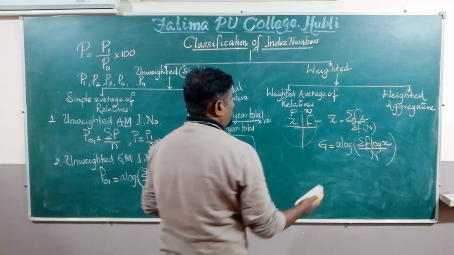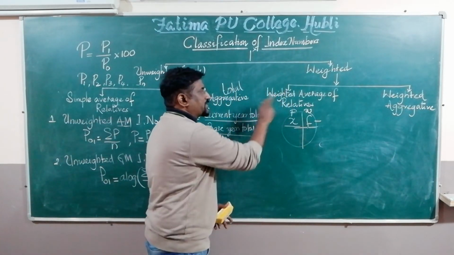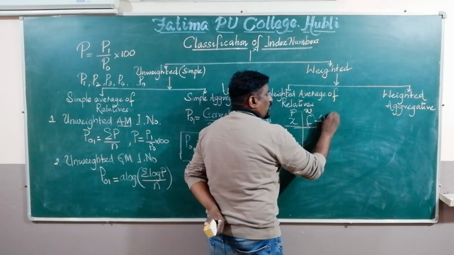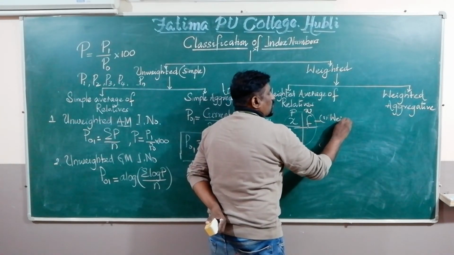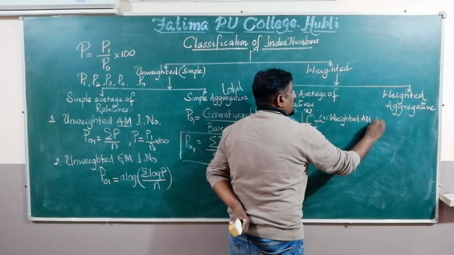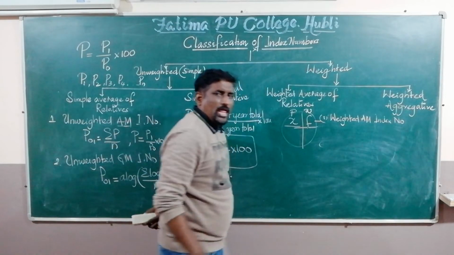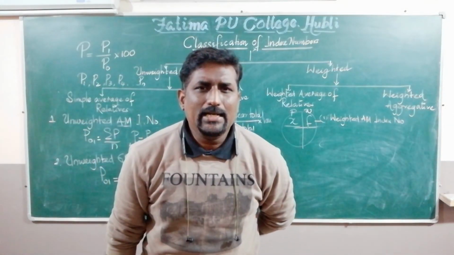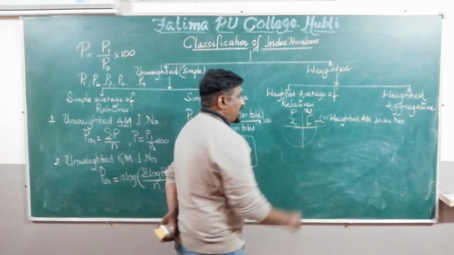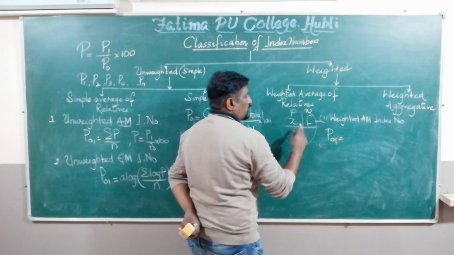Okay, let's write the first one. What is the first formula that comes under weighted average of relatives? It is called the weighted arithmetic mean index number, students. It is given by the formula P01. How do we calculate it?